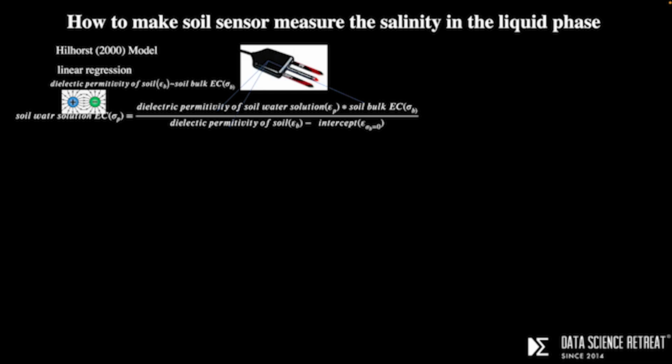If we determine the intercept of this equation, we can estimate precisely the salinity. But how can we do that, because it takes a lot of experiments and each experiment doesn't give exactly the value that represents the salinity in the soil.